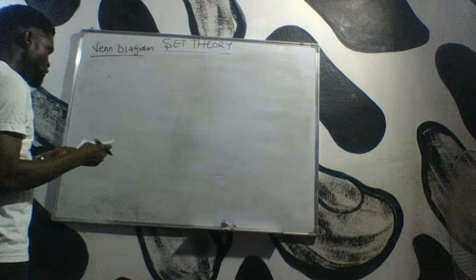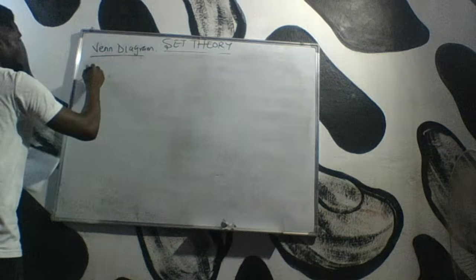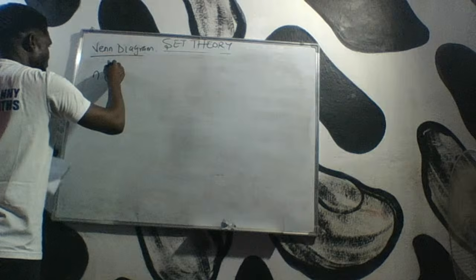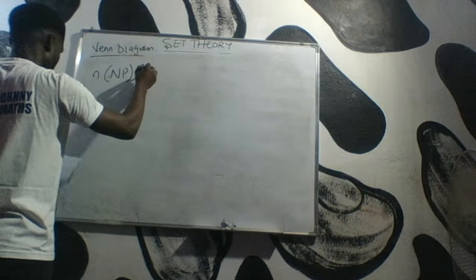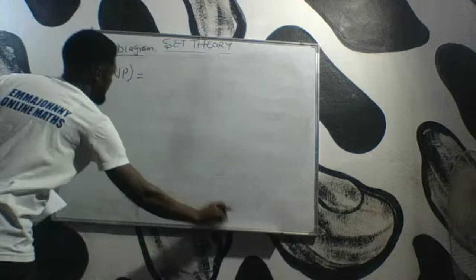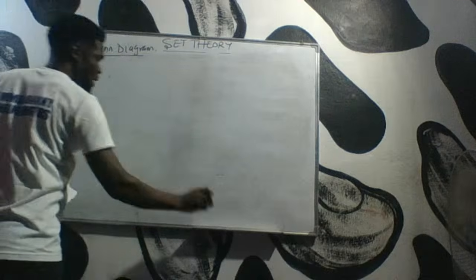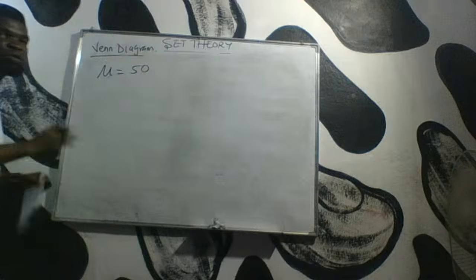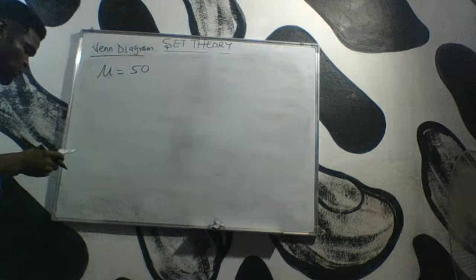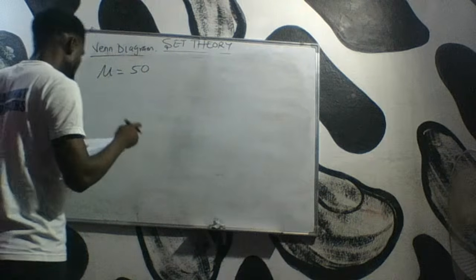The total number of people that went to read the newspaper, we can call it the universal set, 50. 40 read Champion.